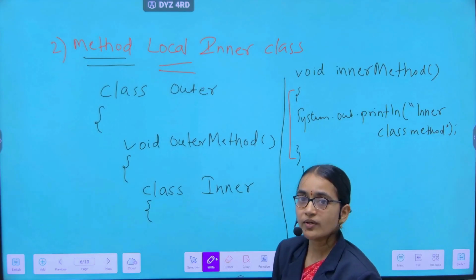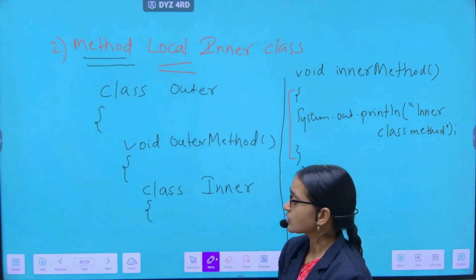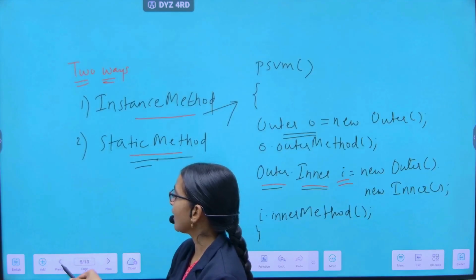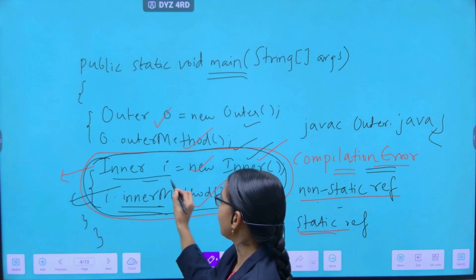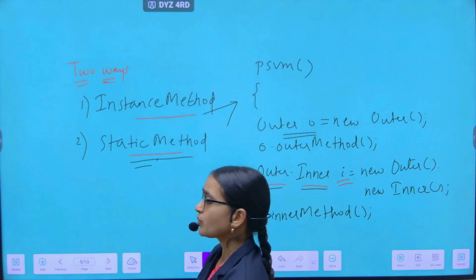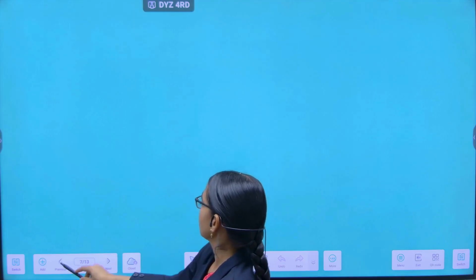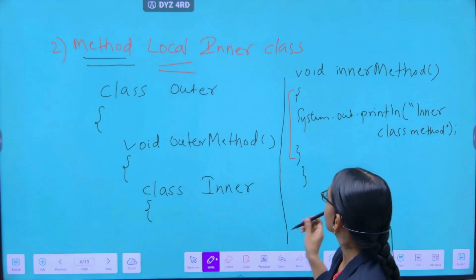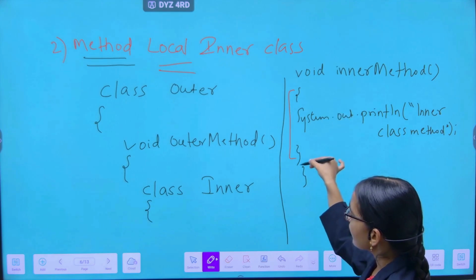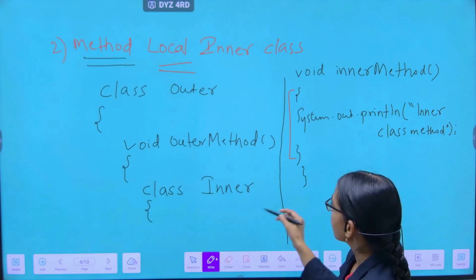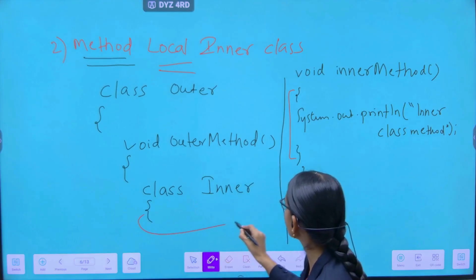So where to take the instance of this inner class? In this method local inner class. So whatever the two lines of statements, we have taken the instance here. See, these are the two lines of statements, Inner i and inner method, that we have to include here itself, right? After the closing of the method body and then after the close of the inner class. See that this is the close of the inner class.